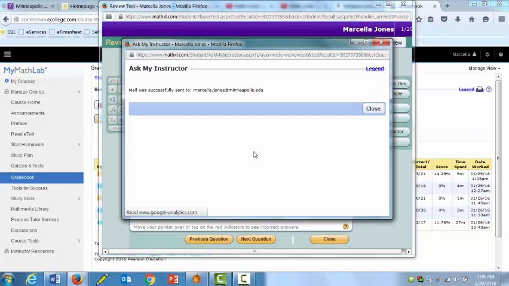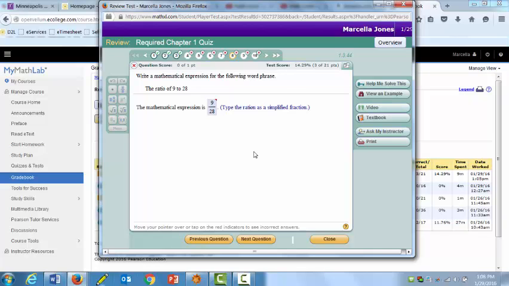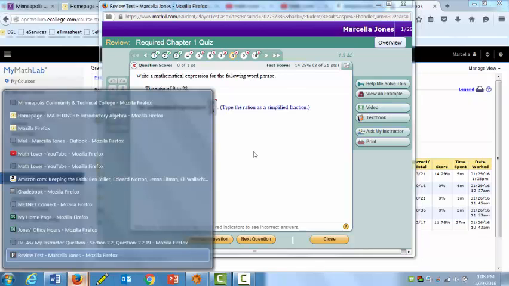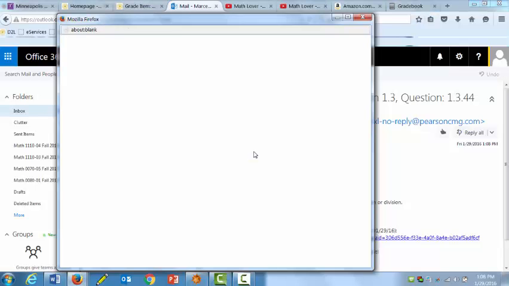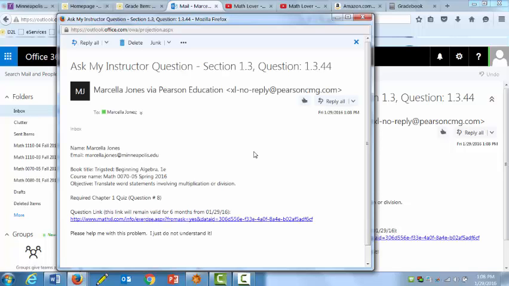What will happen on my end, when you click ask my instructor and you type a note, when I go into my email, I will see the message along with your note. And I can click on this link and open the very problem that you were working on. So here's the note I wrote. Please help me with this problem. I just do not understand it.